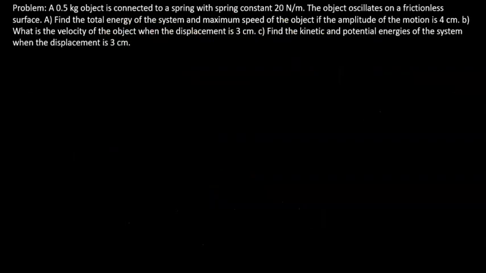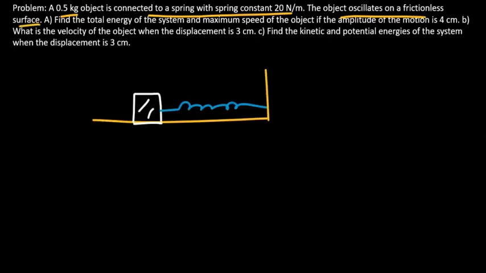Problem 1. A 0.5 kg object is connected to a spring with spring constant 20 newtons per meter, and the object oscillates on a frictionless surface. So let's assume this figure here is demonstrating what is happening to that object. Now the amplitude of the motion is measured from that equilibrium position in the middle, and let's call that amplitude A. A there and A on the other side.